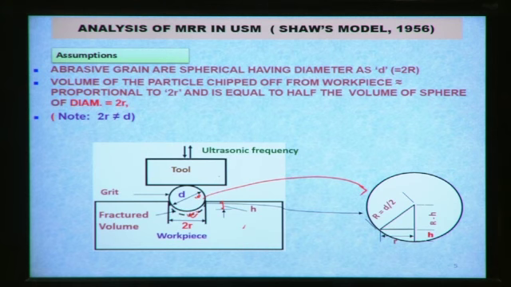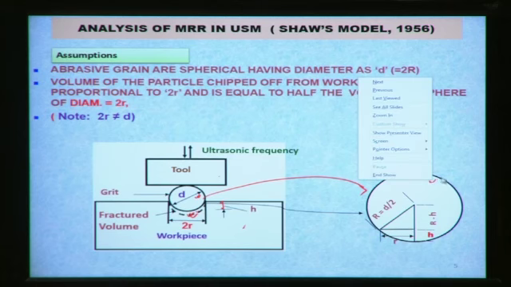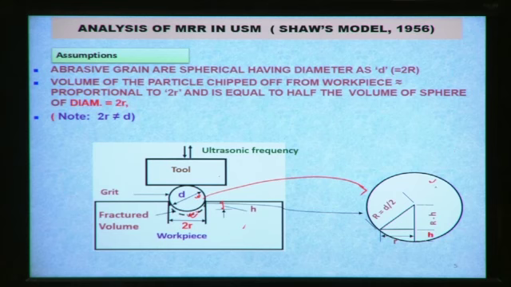This is the abrasive grain. The radius of this abrasive grain is capital R, which is d by 2, small d by 2. Here h is the depth of indentation into the workpiece surface.